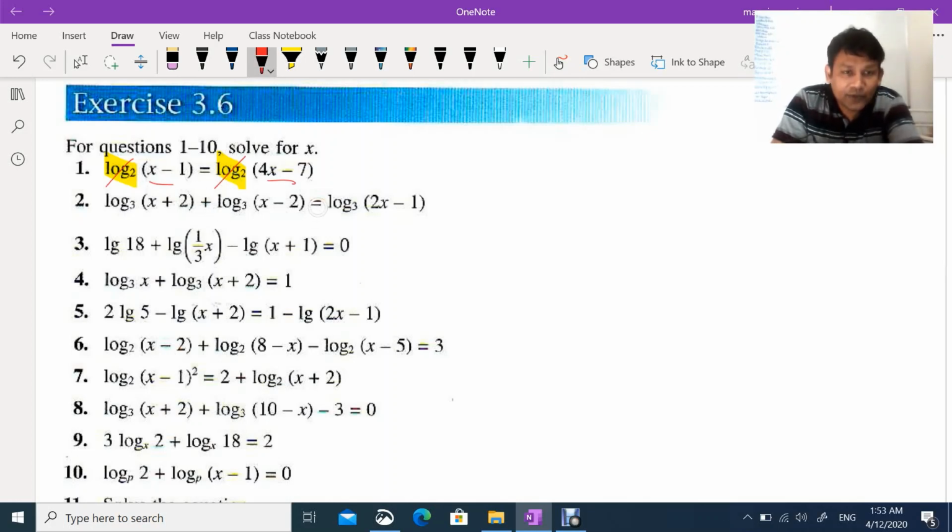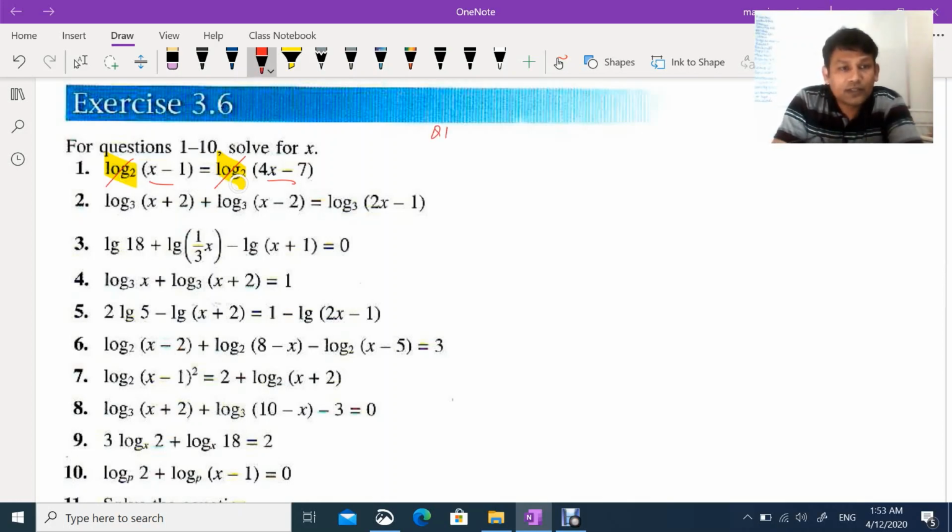Here you have the equal sign and a single log, but on the left hand side we have log two times, so I want to make this a single log. This is our target.